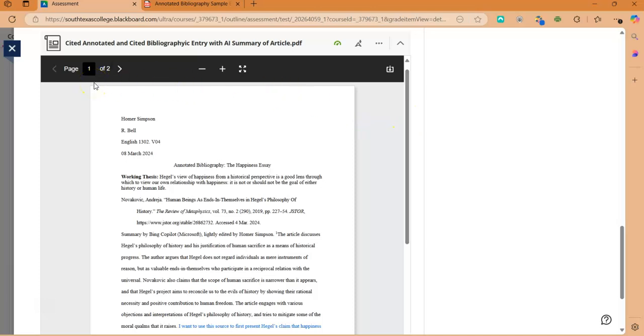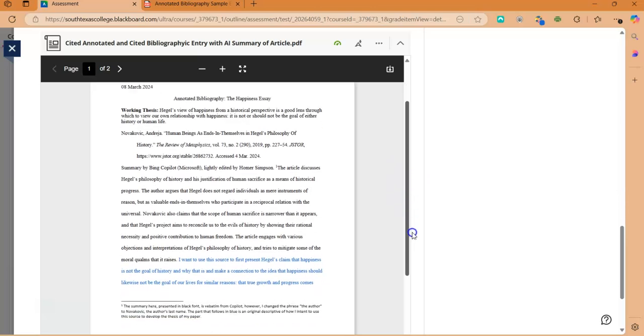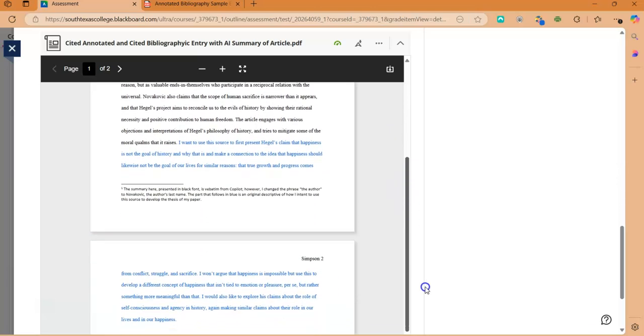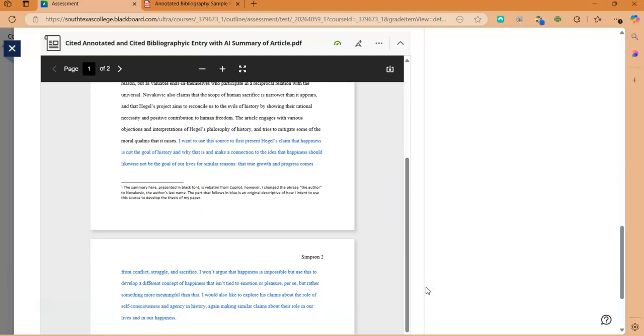You will have 7 contiguous entries, one right after the other in ABC order, with the summary and a very specific explanation of how you will use it to develop a specific aspect of your paper. So if we look at that here, you'll see how I'm going to make sense of this article that's really about this philosopher's take on an aspect of history and how that applies to happiness.